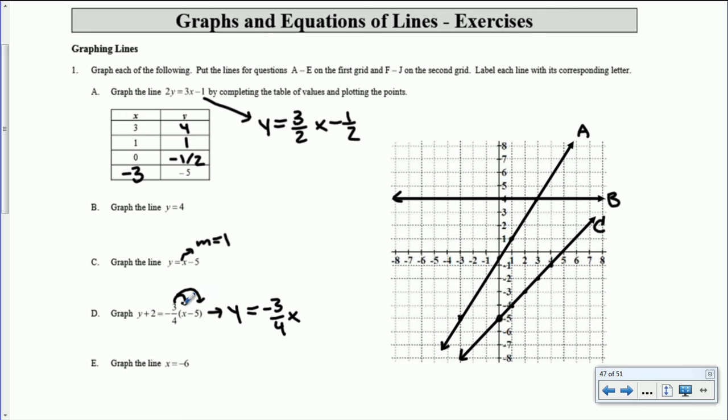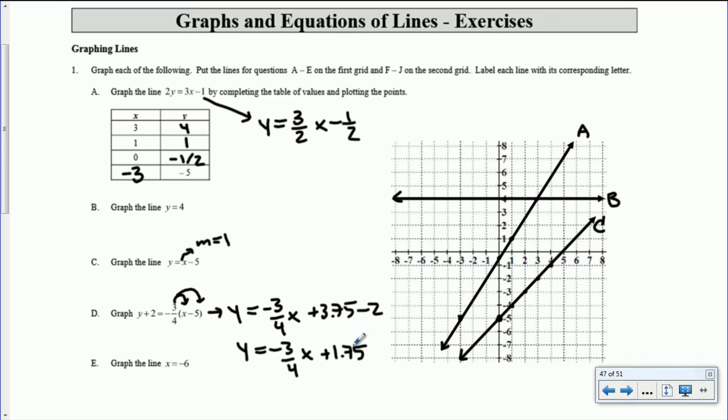So 3/4 times 5 works out to 3.75, so plus 3.75, right? Negative times negative is positive. And then we need to subtract 2, right? So the equation there will be negative 3/4 x plus 1.75. So that's the equivalent equation in slope y-intercept form for D.